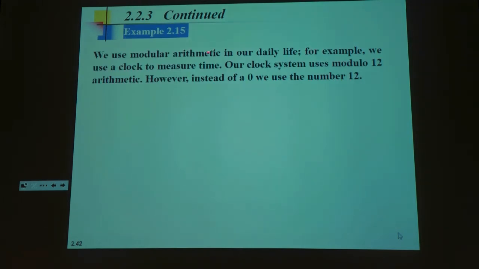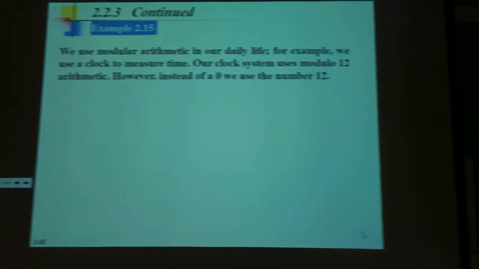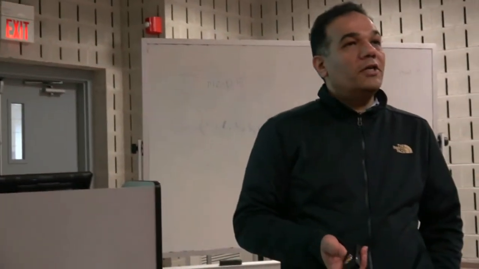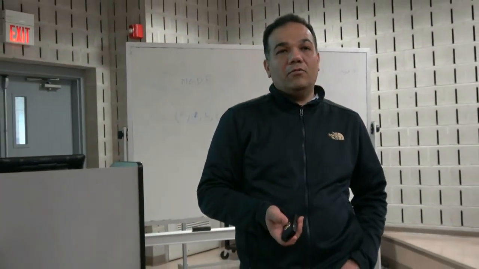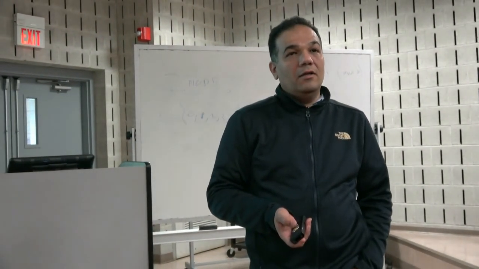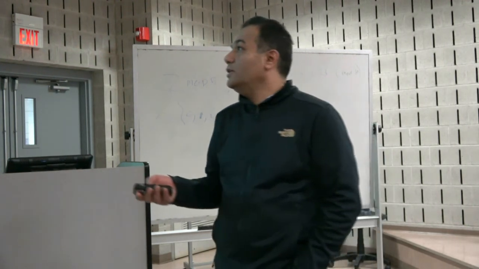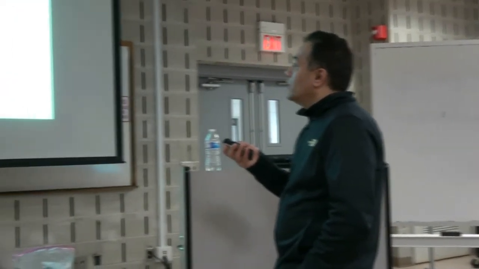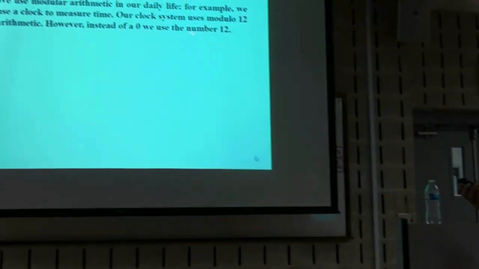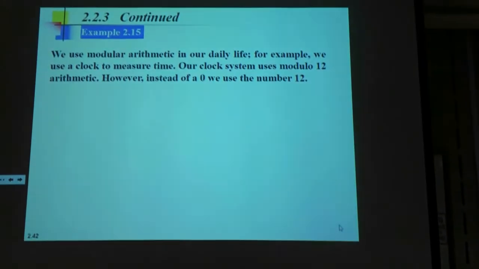We use modular arithmetic in our daily life. For example, do you use it in the clock? It's modular 12, right? So usually you don't say the time now is 18. What do you say? 6. Modular 12, right? Our clock system uses modular 12 arithmetic.